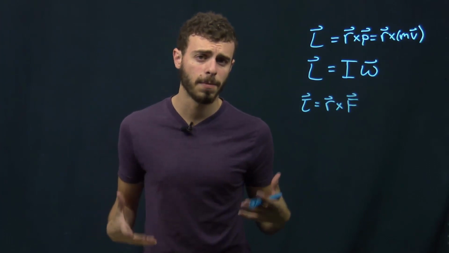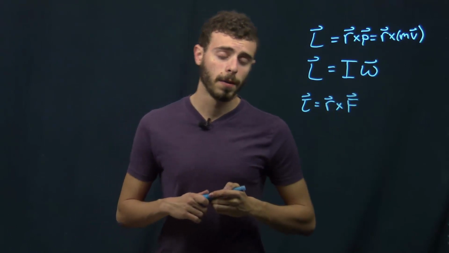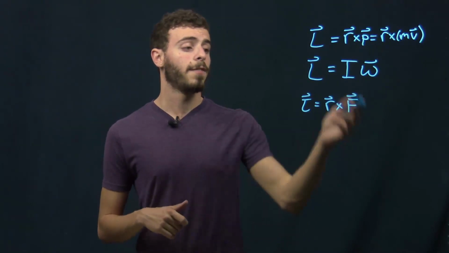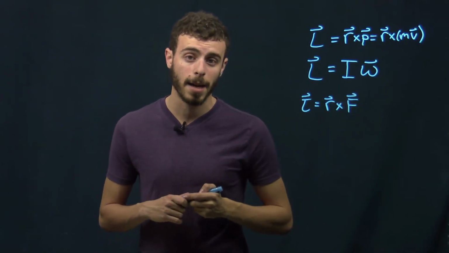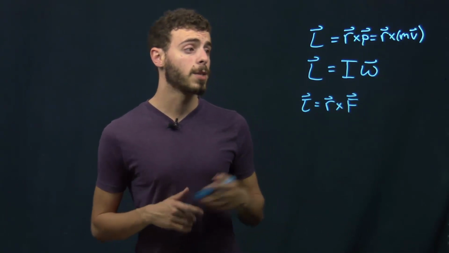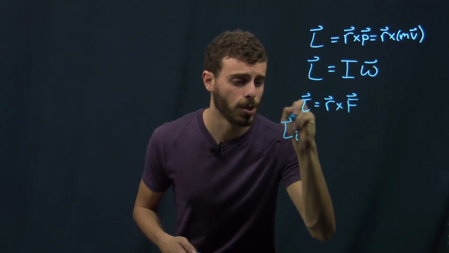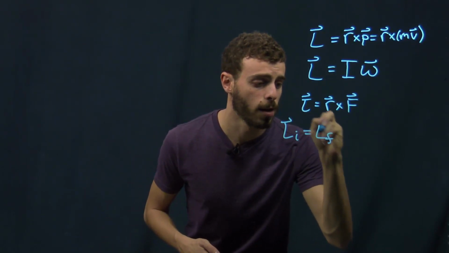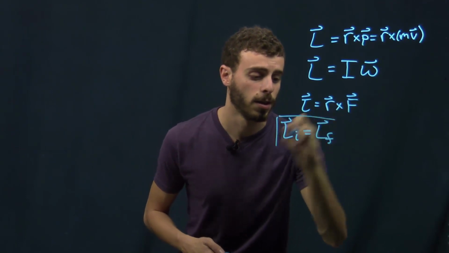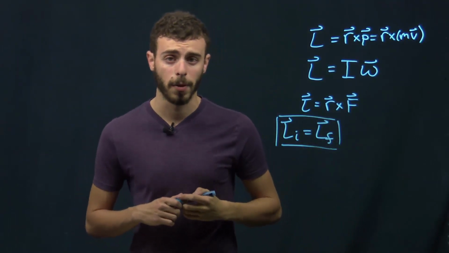If we have some system and want to decide whether angular momentum is conserved, we can look at all of the forces acting on the system, and if any of those forces give us some net external torque, the angular momentum will not be conserved. Otherwise, we can use conservation of angular momentum, which amounts to L initial equals L final. Whatever angular momentum we start with will be the same as what we end with.